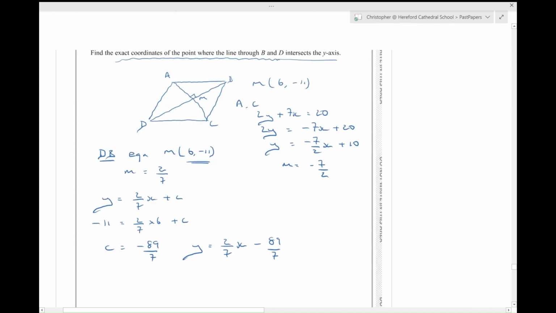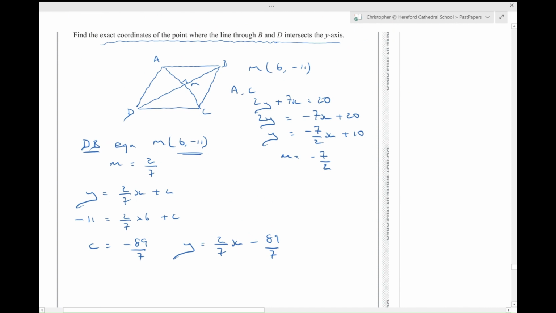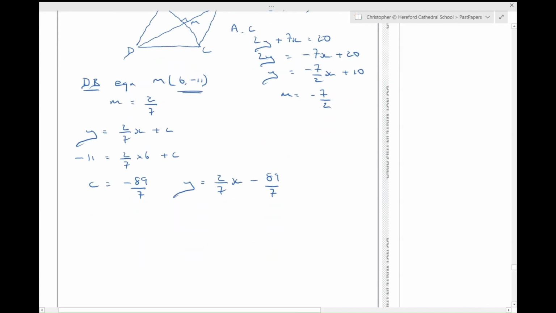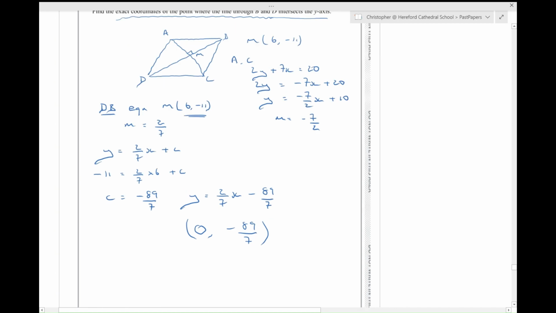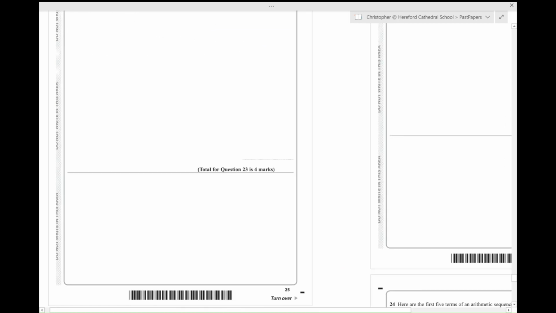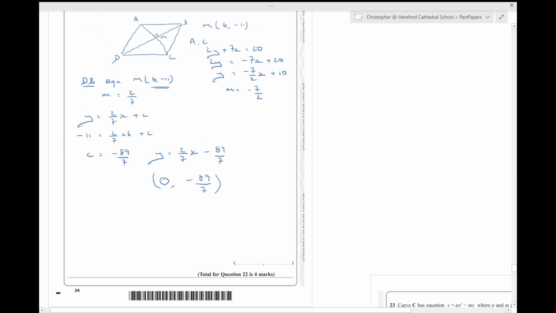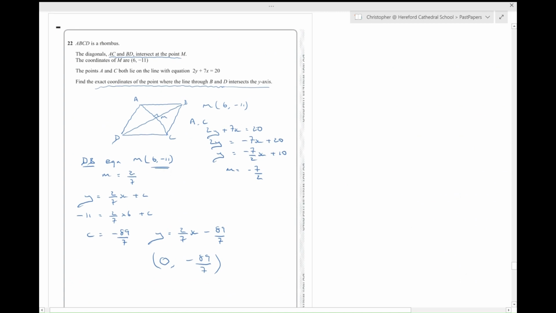Now, what does the question ask me about that line? Find the exact coordinates of the point where it intersects the y-axis. Oh, well, x is going to be 0 when it crosses the y-axis, and y is minus 89 over 7. So that is the point where the line that goes through B and D intersects the y-axis.